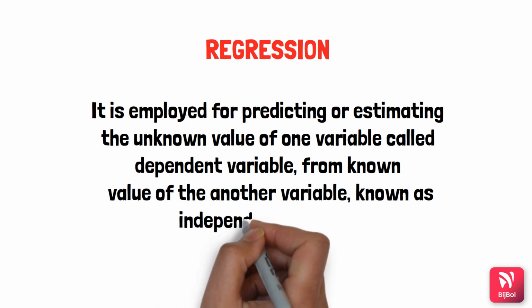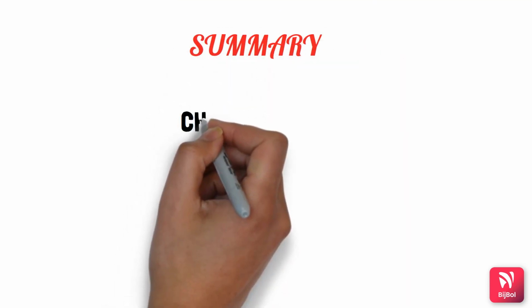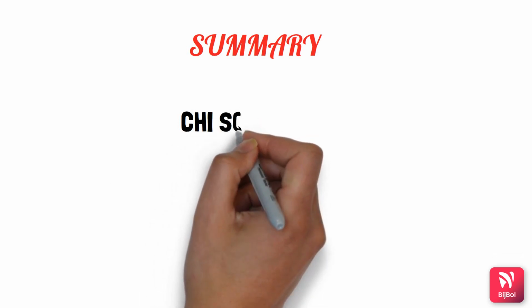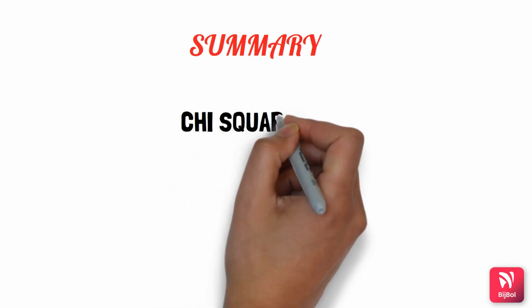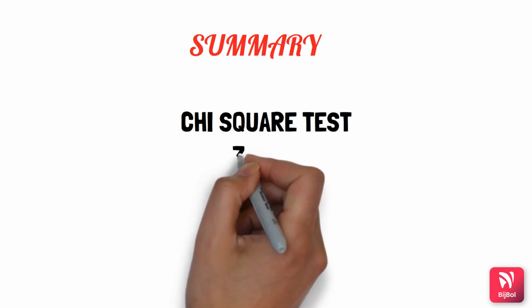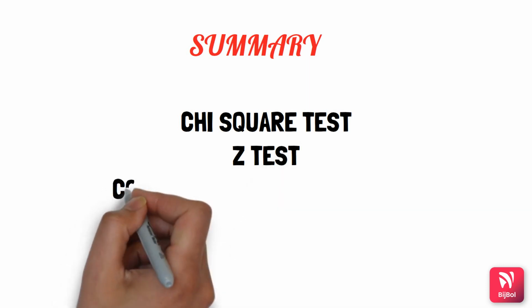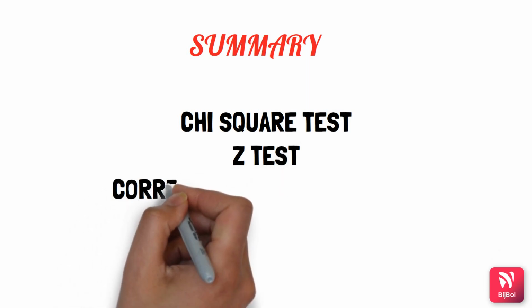So now that we are clear about correlation, regression and the test of significance, what we have seen in biostatistics is that the data that has been collected is tabulated, then presented. After presentation of the data, we have seen the measures of central tendency and measures of dispersion.